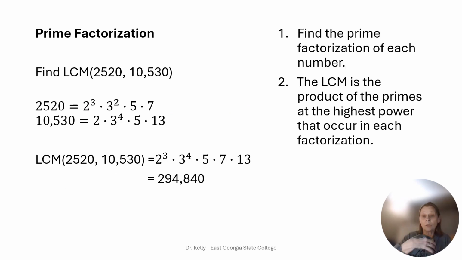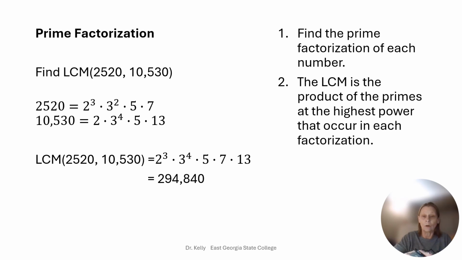Okay, when we look at it in the sense of prime factorization, let's look at an example. The LCM between 2,520 and 10,530. The first thing is we're just going to find the prime factorization of the two numbers.